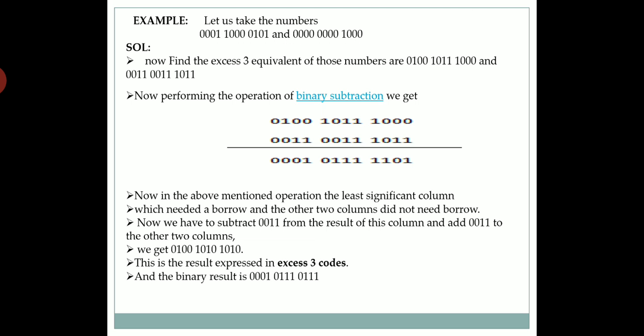These two XS3 codes are subtracted using proper binary subtraction. In this subtraction, if we get a borrow, then we subtract 0011 from the group. Otherwise we add 0011. Then we get the required binary output of the XS3 subtraction.